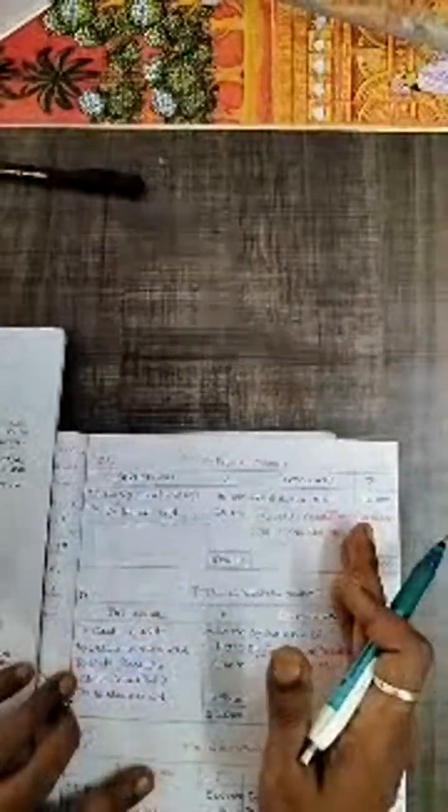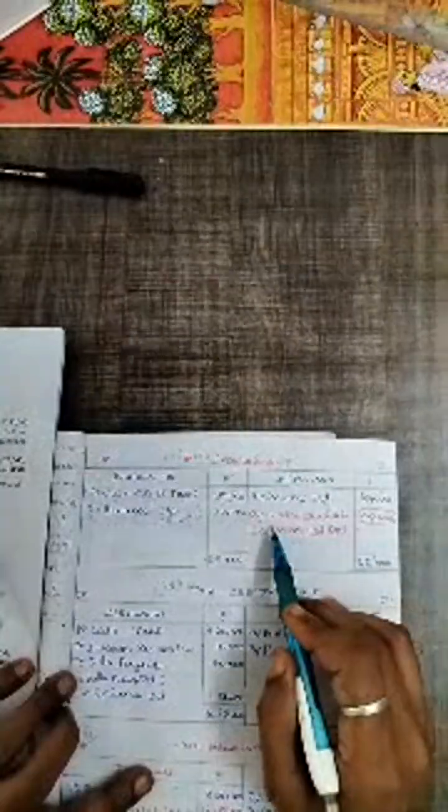So now we have found the total. Now what do we have to do? We are finding the difference between the debit and credit side. How do you find the difference? We subtract the credit side value from the total. The debit side total we found is 50,000 rupees and the credit side is 10,000 rupees.